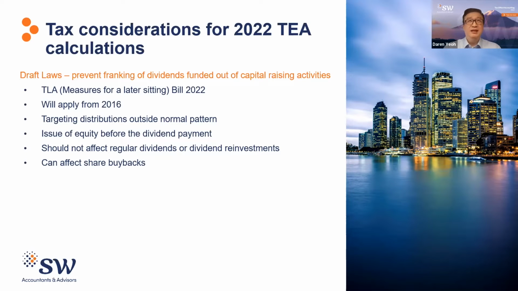So it targets dividends that have been paid outside the normal dividend cycle, where there was a capital raising before that dividend payment. So it should not affect your normal dividends which you pay each year, and it should not affect dividend reinvestment schemes. However, it could affect any share buyback arrangements. So that's something to consider when you're receiving any franked dividends.